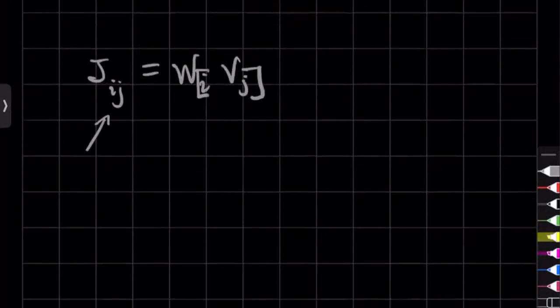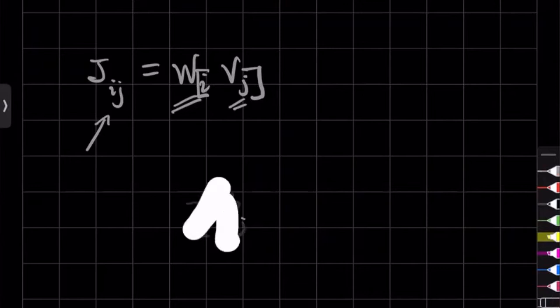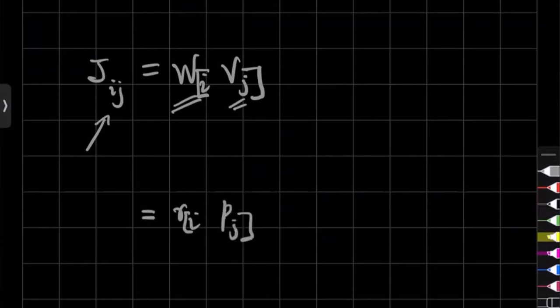Actually, instead of calling it W, let me call it R_i, and instead of calling this V, let me call it P_j. Take the antisymmetric combination, R_i antisymmetrized with P_j, and the combination I'm going to call L_{ij}.